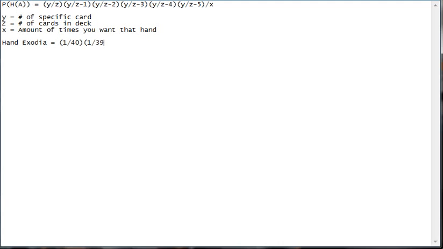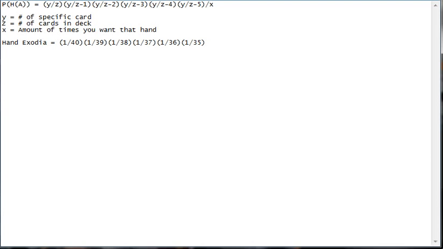So you see how that one goes down every single time. So 1 divided by 37, 1 divided by 36, and 1 divided by 35 would give you hand Yugioh plus an extra card. So let's say you just have one of that card too.